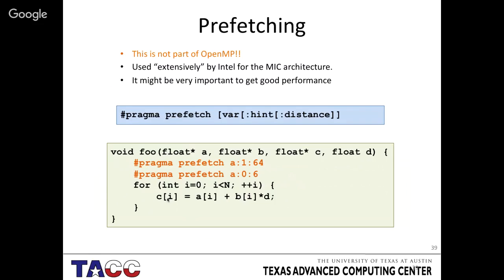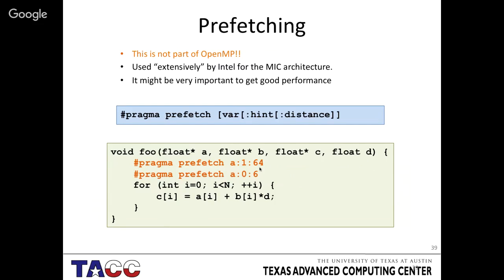And then you can also do prefetching. Say you have a loop, for instance, in this for loop here, you might want to prefetch values for A, and the syntax is: here's the variable, and you can specify how far in terms of loop iterations you want to prefetch this variable.